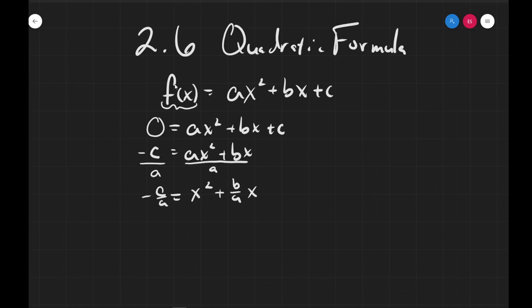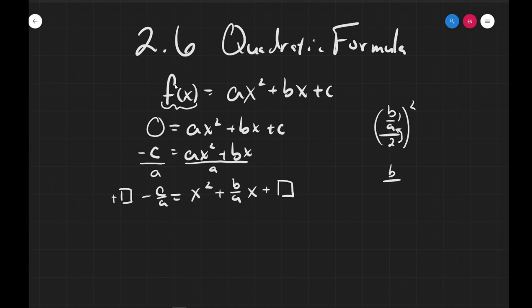Then we are going to figure out what we need to add to both sides of our equation in order to complete the square. We're going to take our number that is in place for b right now, so that's b over a. We're going to divide that by 2, and we're going to square that. Remember that if you have a fraction divided by a number, it's the same thing as if you took that number and multiplied it by your denominator.